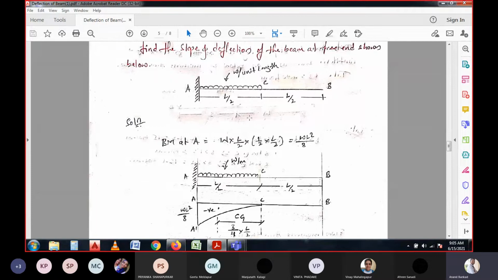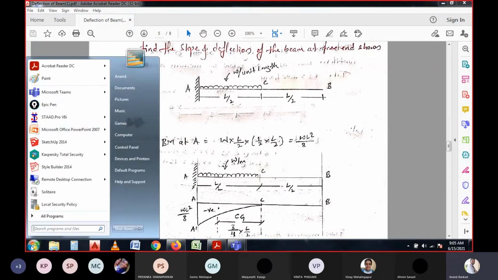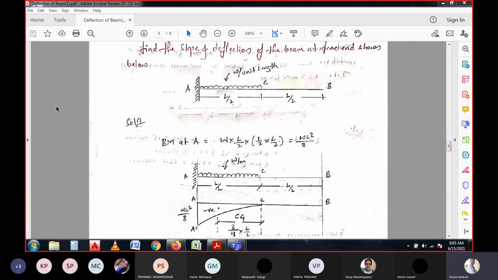We know that the uniformly distributed load is converted to a point load, which is load into distance. The point load is considered at the center, and from that center we need the moment about the support at A. Let me show that with a pen.